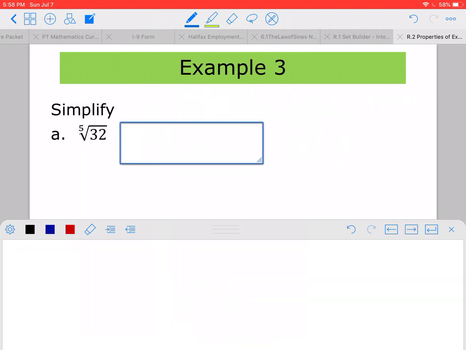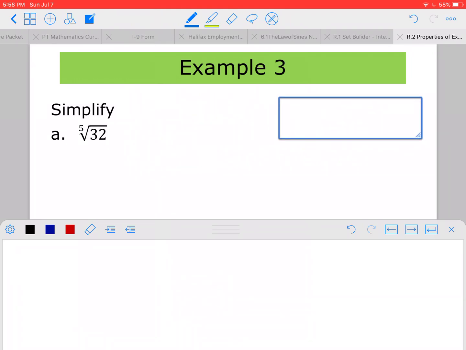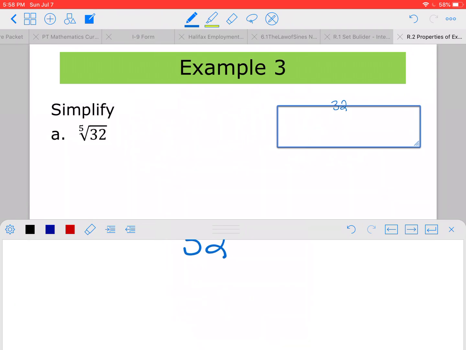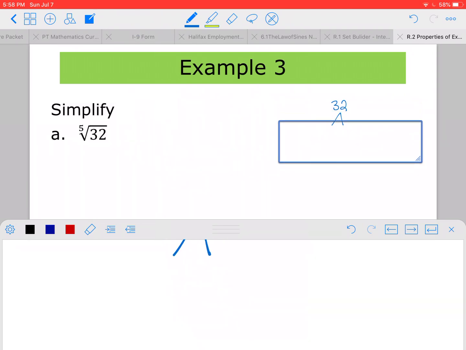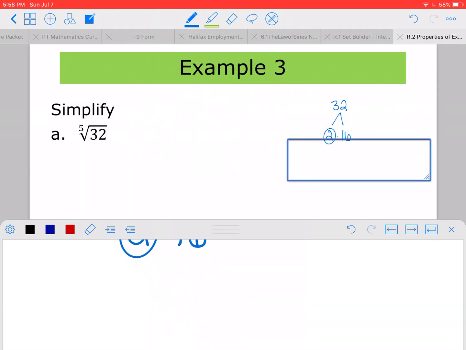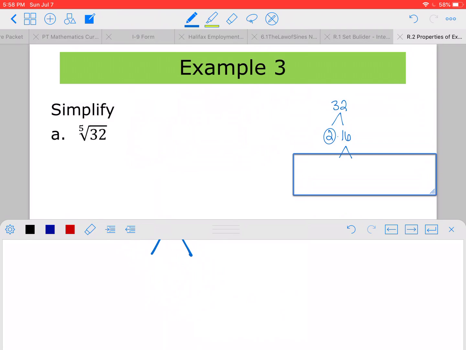So what we've got is the fifth root of 32. Well, we have to take 32, and do write this down over to the side somewhere, and break it down and see what we've got. So 32 is 2 times 16. We're going to circle this 2 because that's as far as it can go. Then we have 16 is 4 times 4.